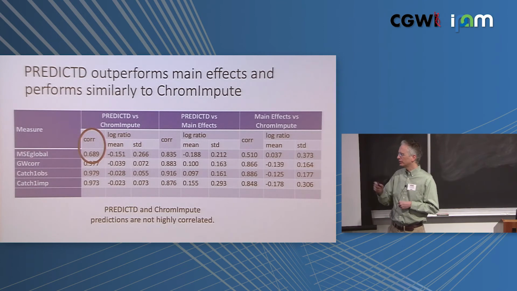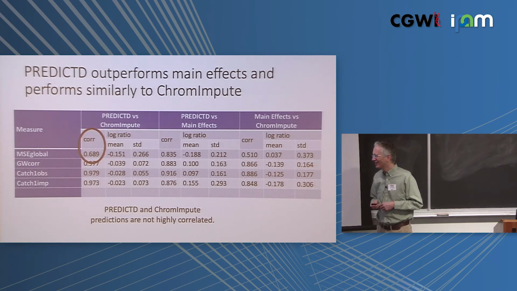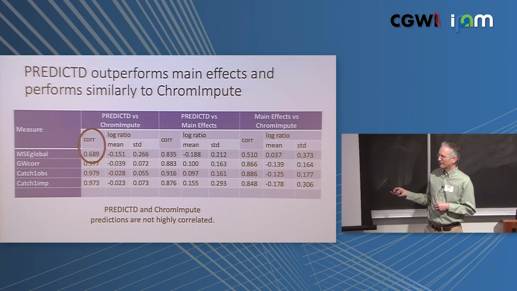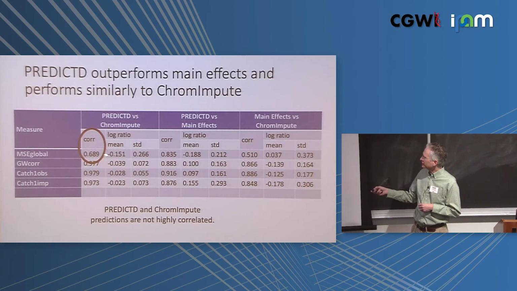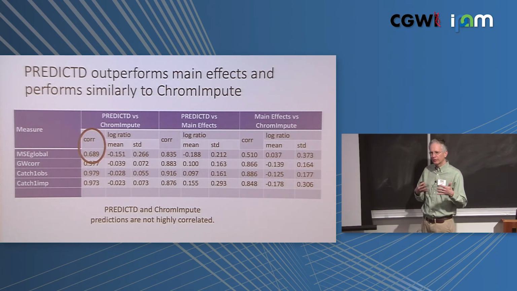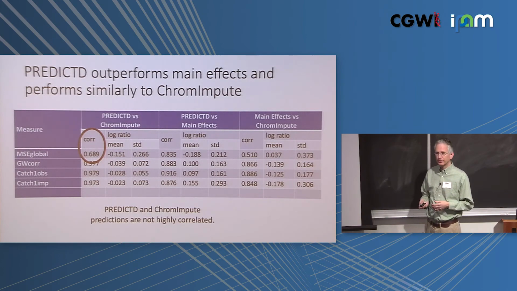Before I point that out, Sushmita, yes? You can finish that. Okay, if you look at the correlation between the two of them, it's actually quite low. That is, the PREDICTD and ChromImpute values don't actually agree with each other, which is not that surprising because they're radically different kinds of predictive models.